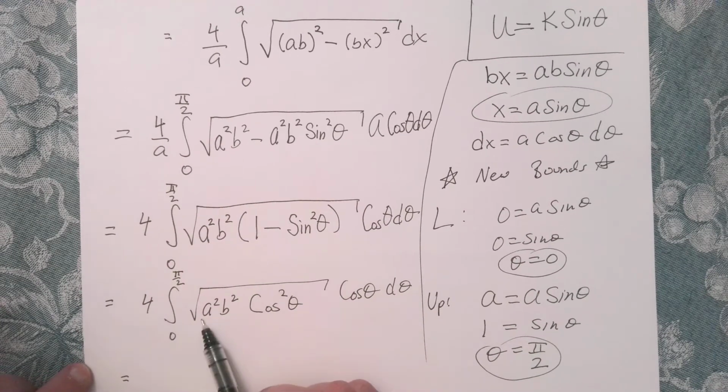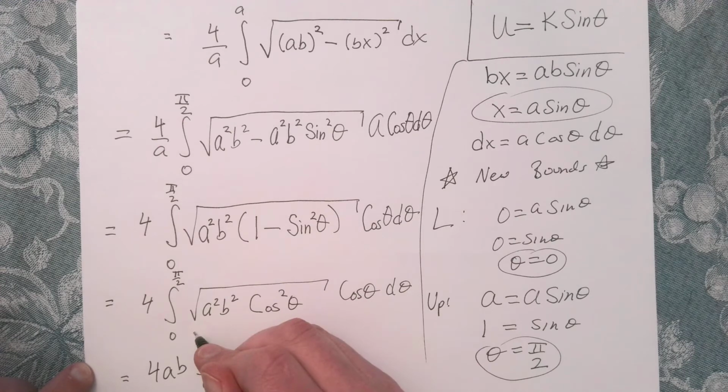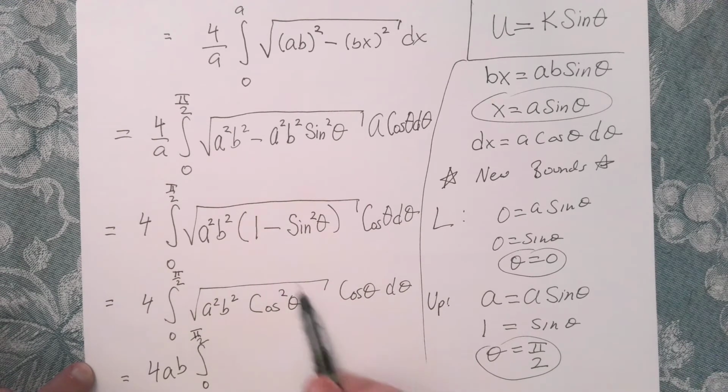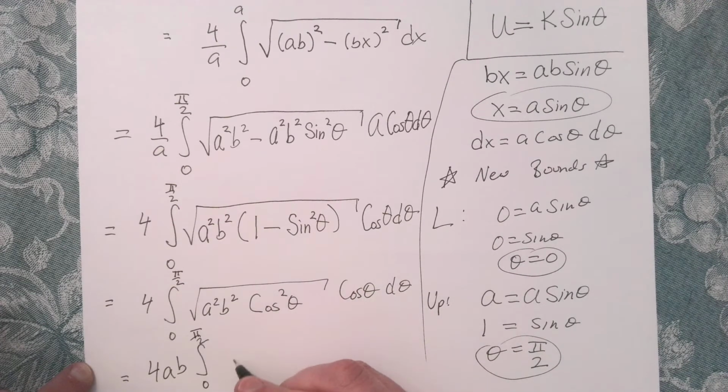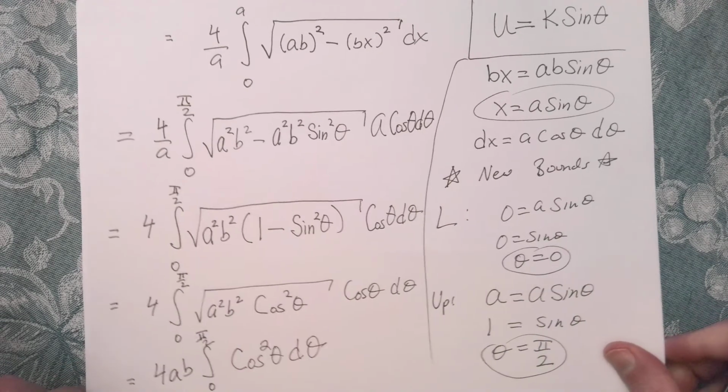Okay, so a is constant and b is constant. So I've got 4ab. So that seems pretty good. And so that's going to give me a cosine to the first when I take the square root times another cosine to the first. So that's going to give me a cosine squared of theta d theta.